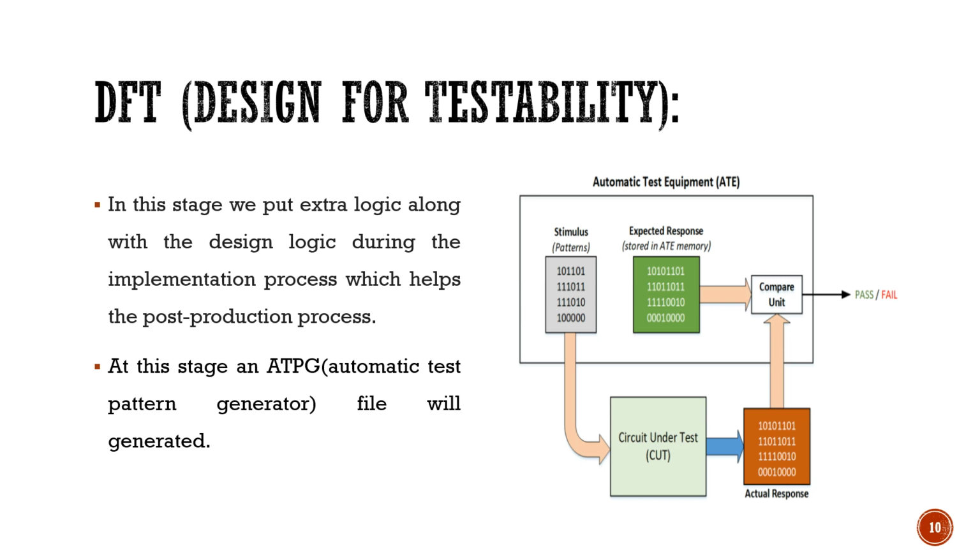If it is pass, the design logic is okay, or else if it is fail, there is a fault in our design. We need to identify where the fault is and rectify it. We need to do a backtracking process. That is what is carried out in design for testability.